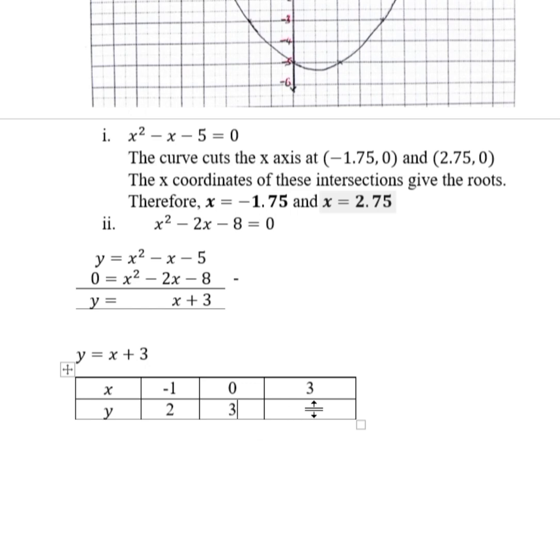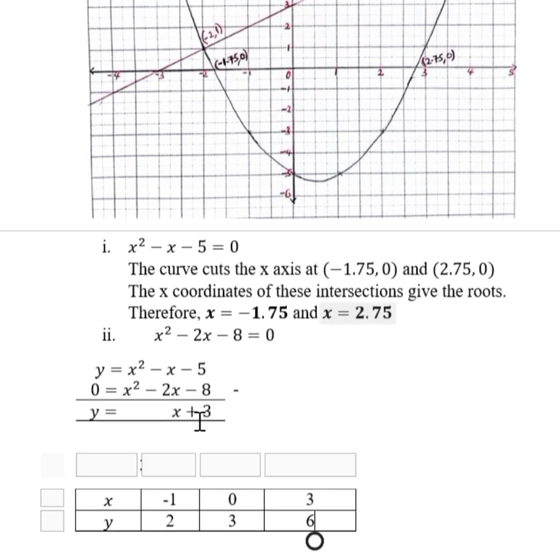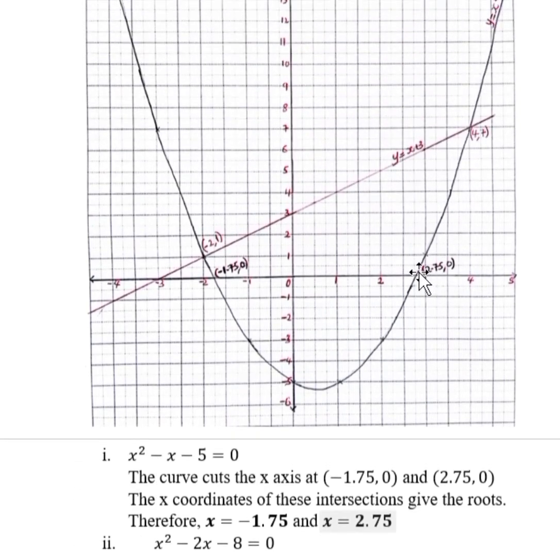And when x is 3, y will be 3 plus 3, giving us 6. So let's plot these points on the same graph. Negative 1, 2 is this point here. And then 3, 6 is this point here.